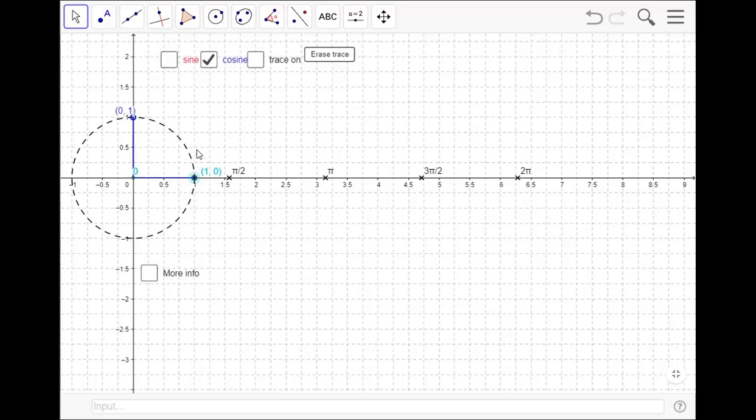This is the method of tracing the graph of the function y is equal to cos x. If you trace the point, you can see the graph of the cos function, and the blue strip shows the graph of cos function.